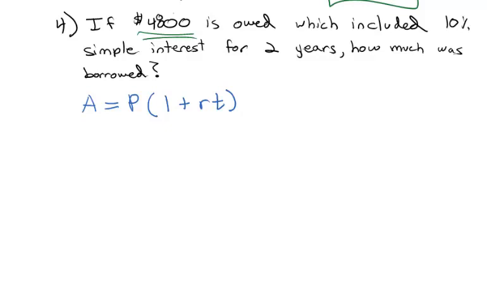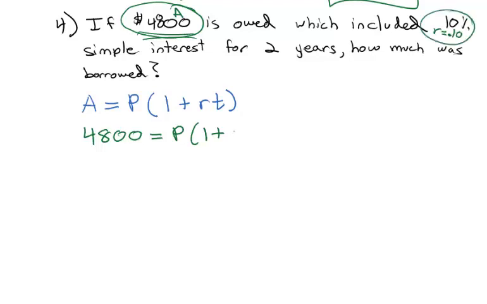That is a future accumulated value. So $4,800 this time is our A. Equals P, the present value of the principal that was borrowed. We don't know that. That's what we're looking for. Times 1 plus the rate. The rate is 0.10, 10%. Times the time in years, we are told, is 2 years.